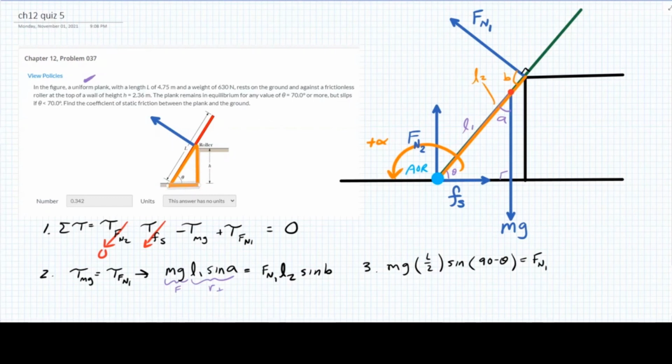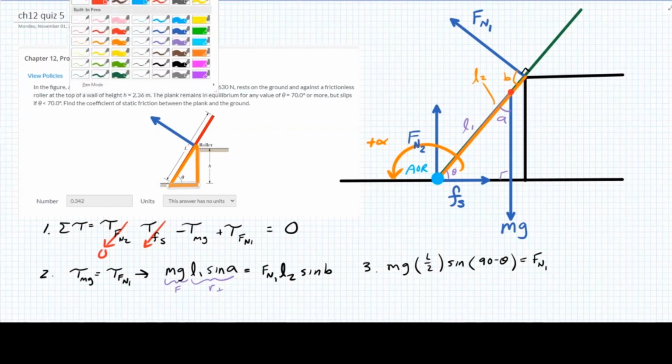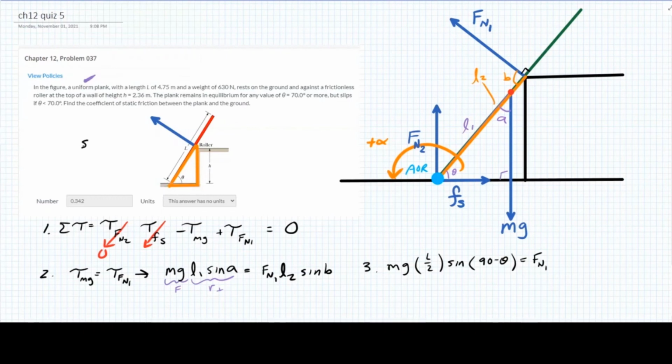If I do a little trig, sine of theta equals H all over what I'm calling L2, because this is L2, the position vector from that AOR to the point of application of Fn1.